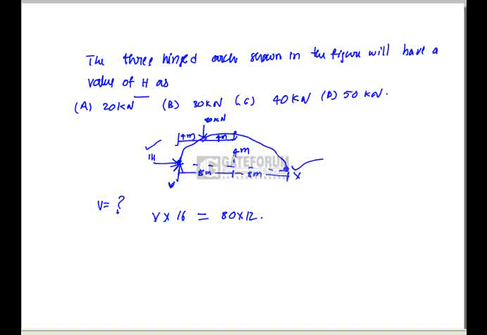This 12 is coming from 8 plus 4. That implies V is equal to 60 kilonewtons.